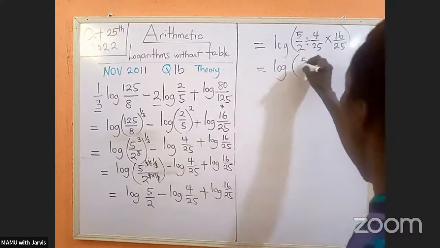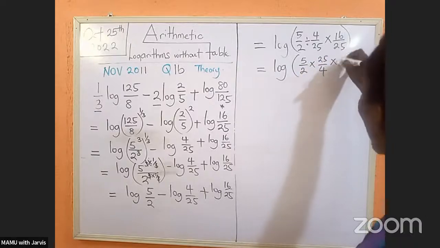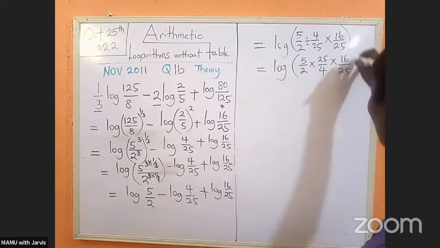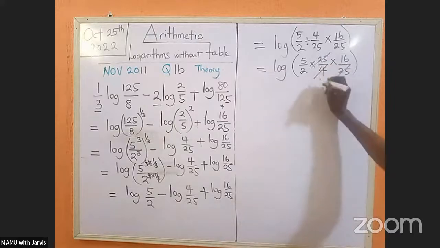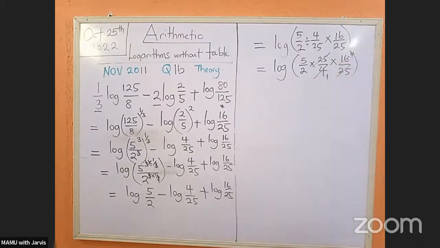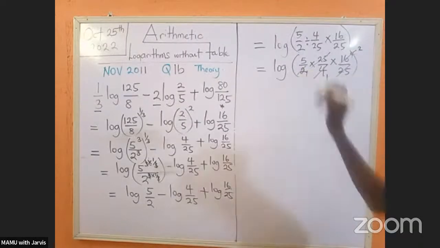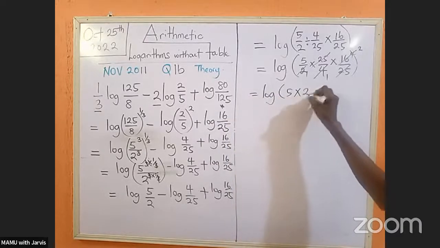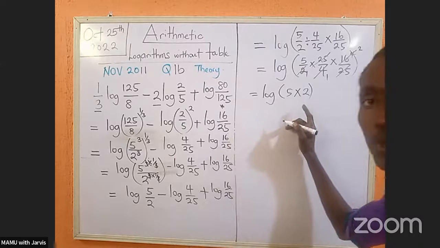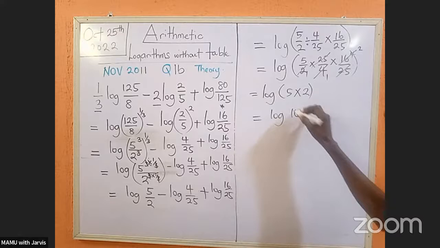So this will be 5 over 2 times 25 over 4 times 16 over 25. So this will effectively cancel this. This will cancel this. I'm going to have 4 left here. This 4 will go and I'll have 2 and this will become 1. So this will be log 5 times 2. And what is 5 times 2? This will be log 10.